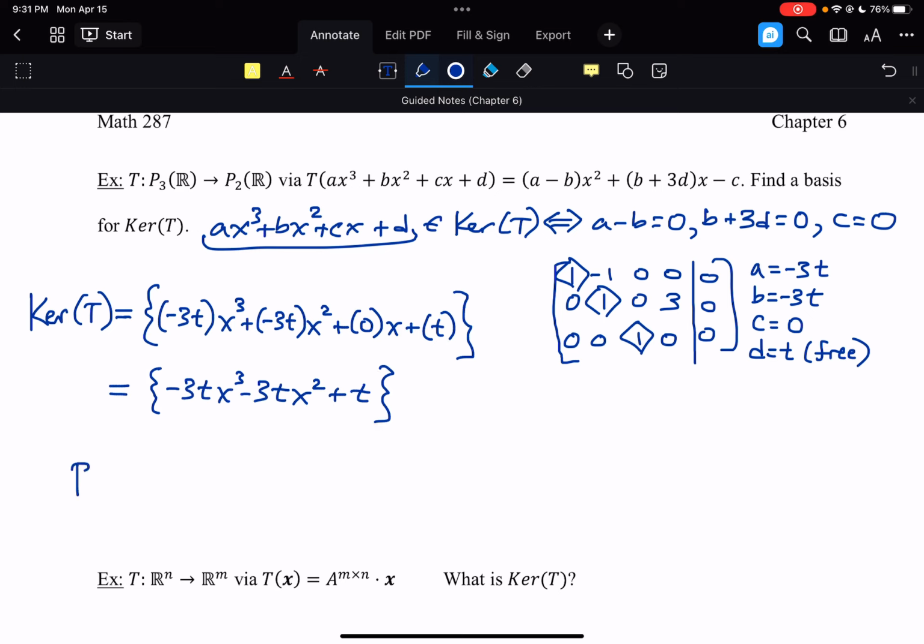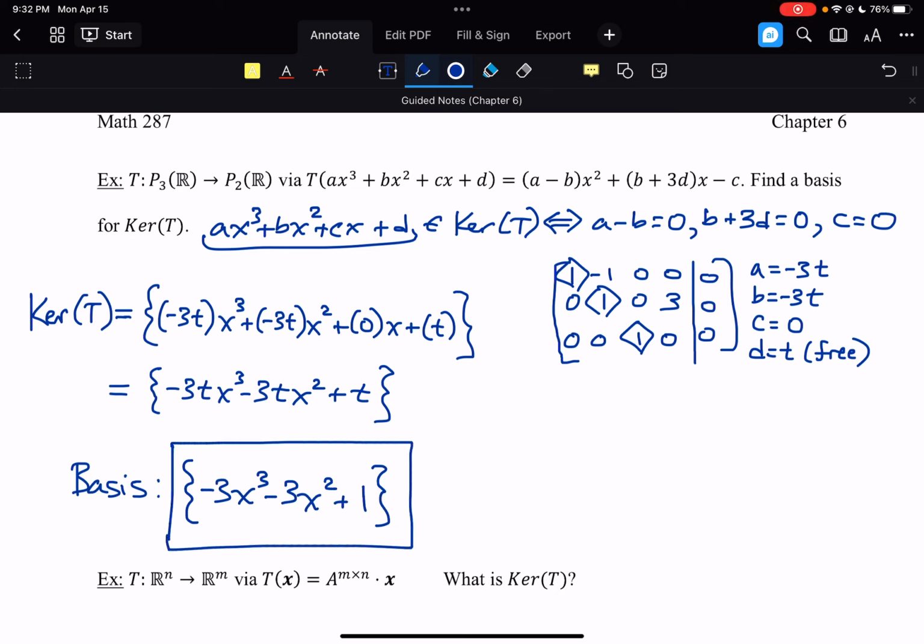So for the basis, again, we bust out the variable. The variable is the parameter t from that free variable. So we pull out the t and just take the vector itself. That's going to be -3x cubed minus 3x squared plus 1. That is our basis.